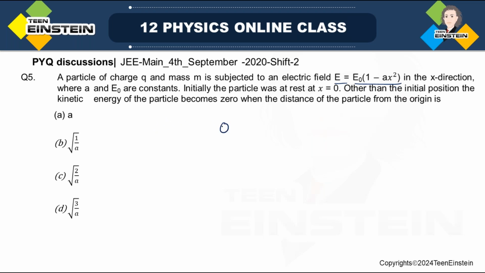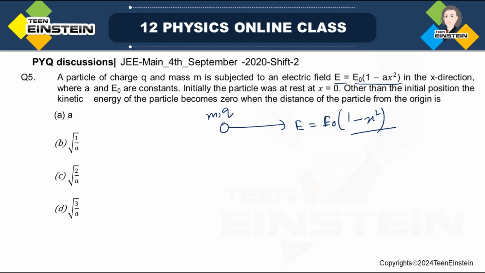So a particle is subjected to E0 into 1 minus a x square. This much force. The particle has mass m, charge q. So this electric field is in the x direction that we can see. So the force, electric force on this charged particle will be along x-axis.